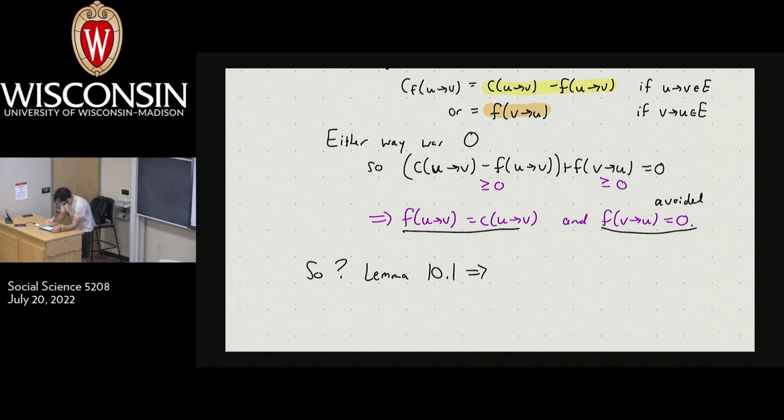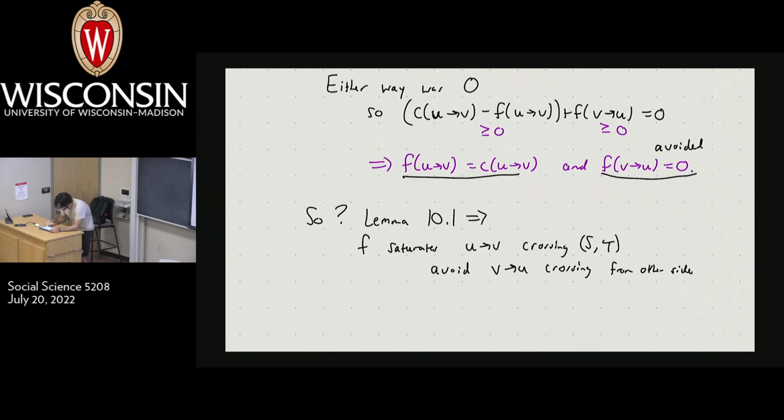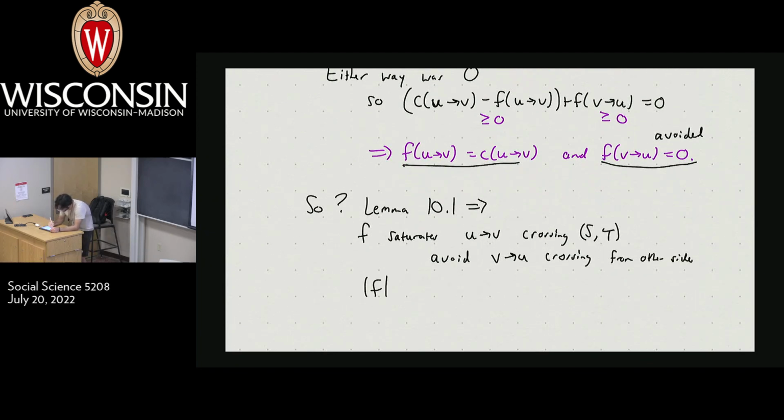So we have a flow that saturates all edges U to V that cross the cut, and avoids all edges V to U that cross from the other side. So our lemma tells us the value of f equals the capacity of the cut S, T.